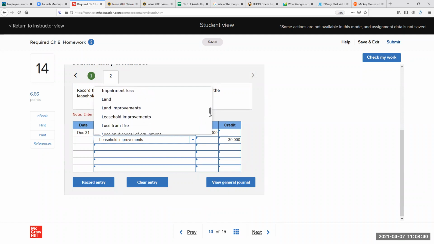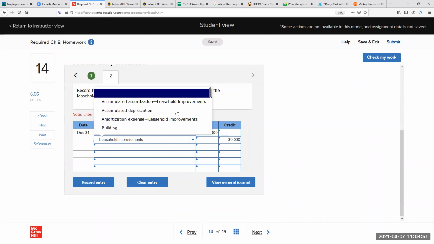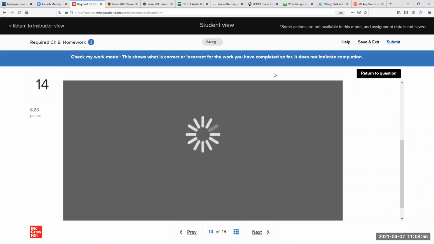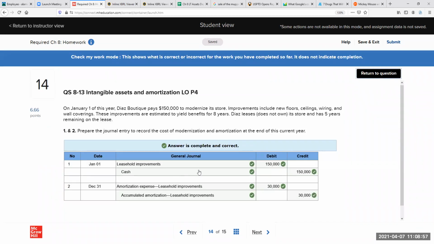It's an impairment, land improvements, leasehold improvements. Not sure. Let's see. They are leasehold improvements. It says you don't accumulate them, huh? I didn't think you used that. Huh. You do. All right, very good.